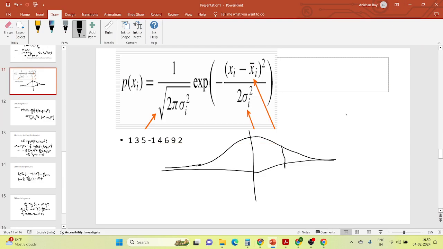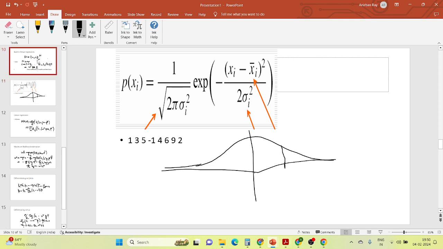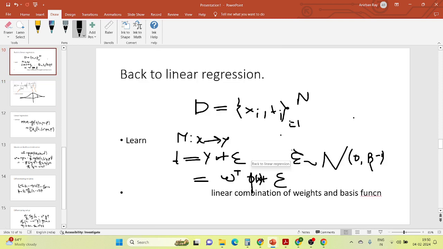So what does it mean in our case? As I said, this quantity, noise, is distributed as a Gaussian distribution with zero mean.